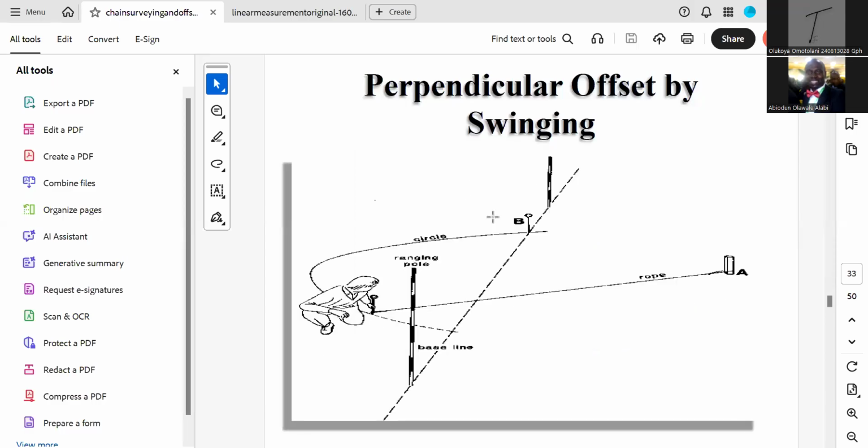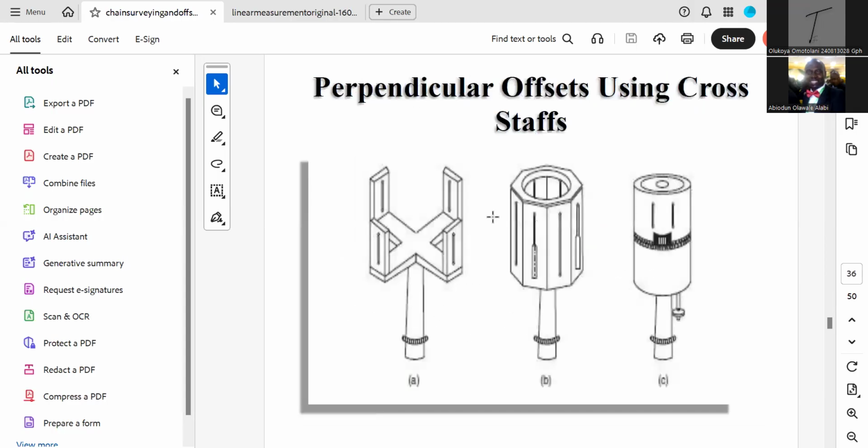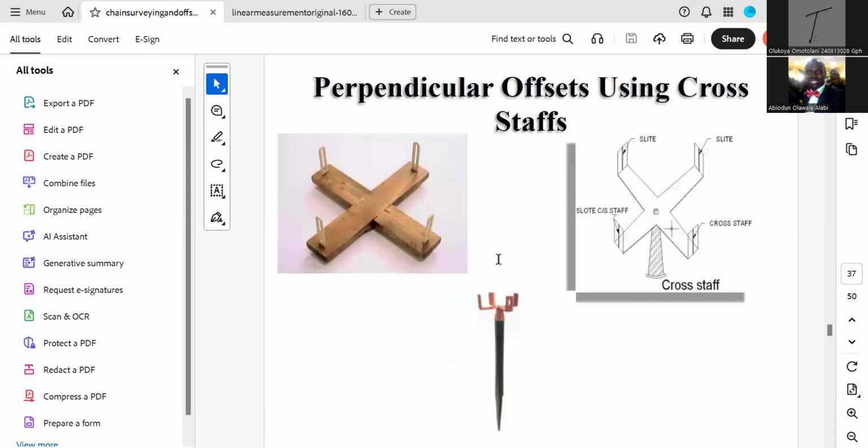So this is also giving us more details on perpendicular offset using a cross staff or optical square. That's another method. So this one is the cross staff, and these are the types of cross staffs we have, A, B, C. Anyone can be used.